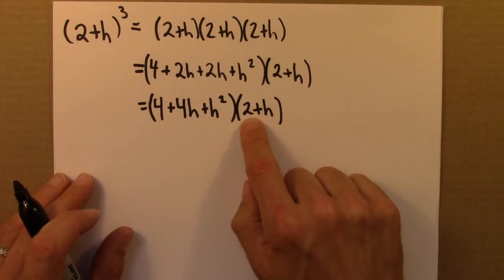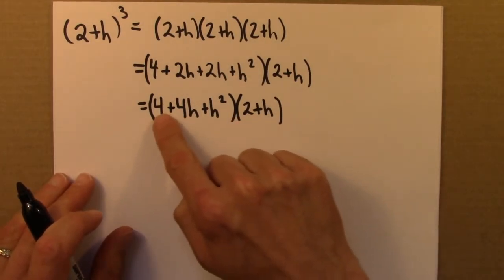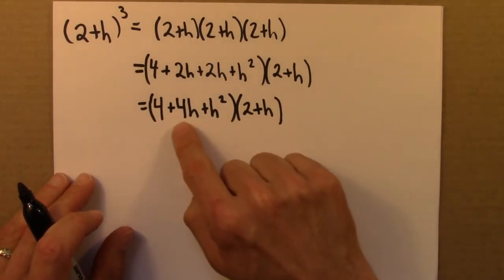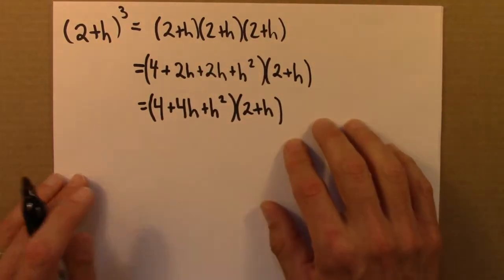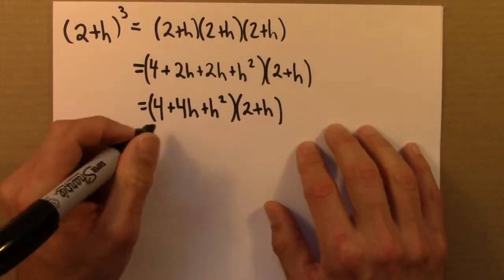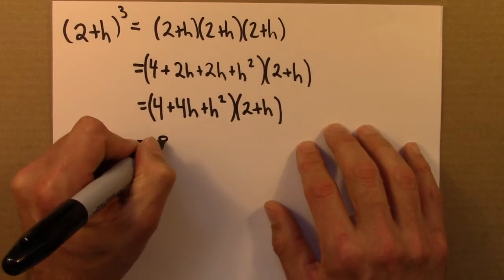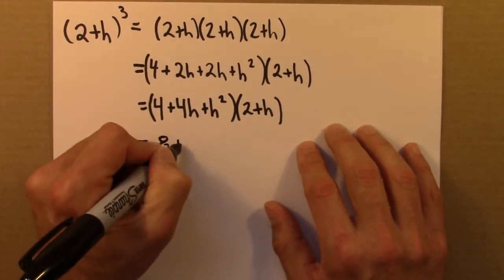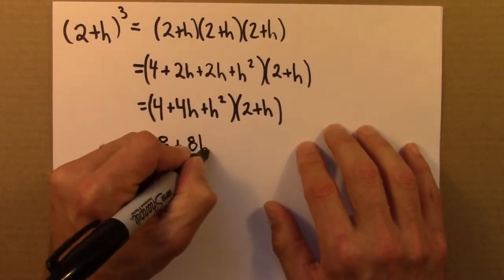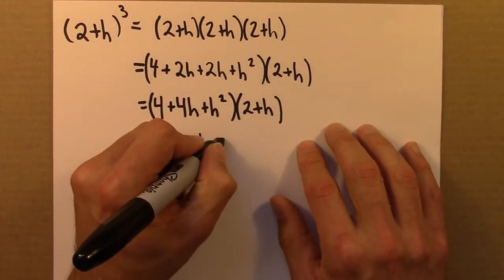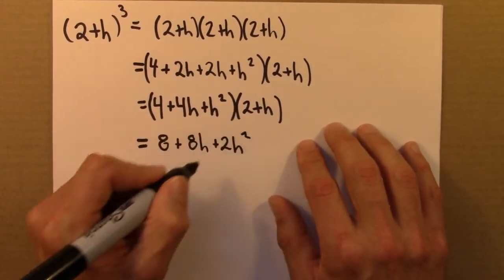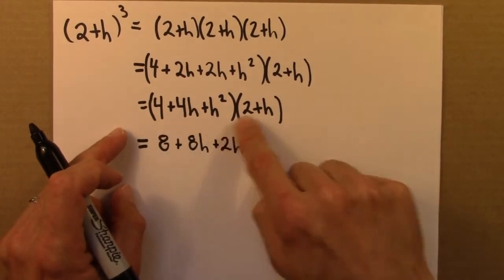I'm going to take 2 and multiply each term by 2, and then multiply each term in here by h. Again, distributing this out. So 2 times 4 is 8. 2 times 4h is 8h. And 2 times h squared is 2h squared. Then I'm going to multiply these 3 terms by h.